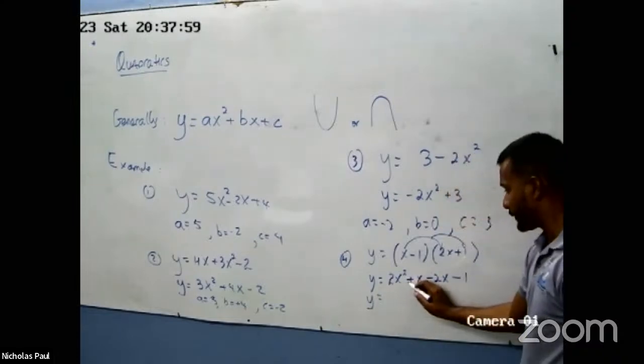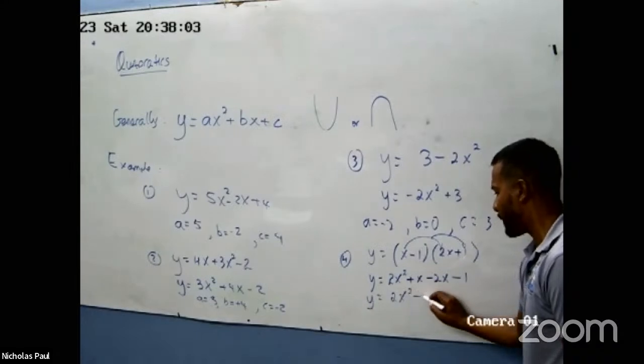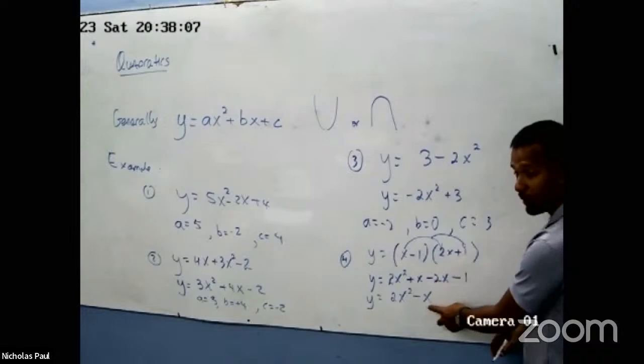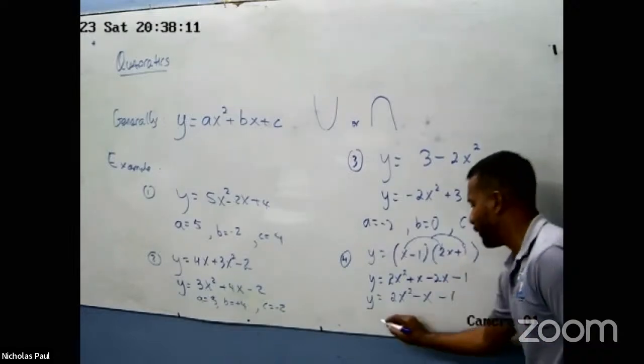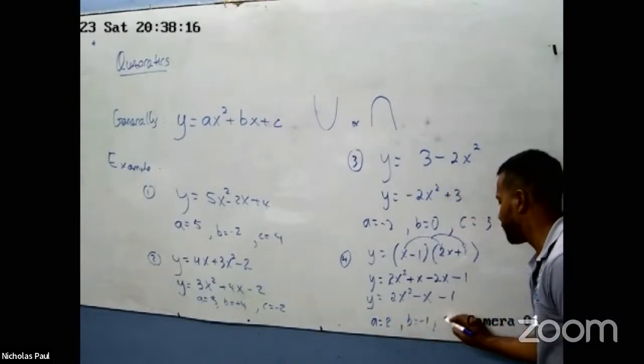So you have 2x squared plus x minus 2x, so that is 2x squared minus x. Plus 1 minus 2 minus 1, minus 1.